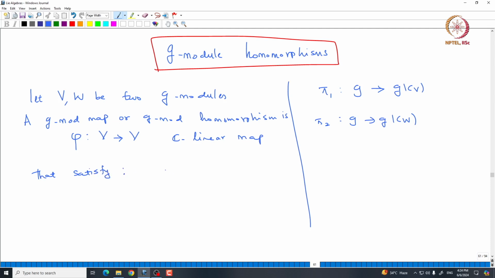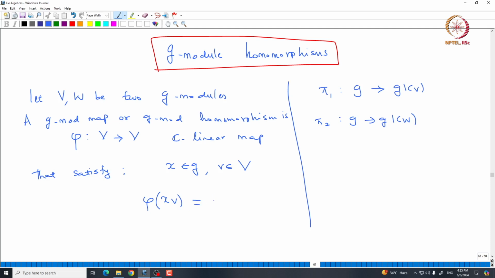Whenever we take some element x in G and v in capital V, and if we compute the action of x on v and then apply this map phi, then this action should commute.